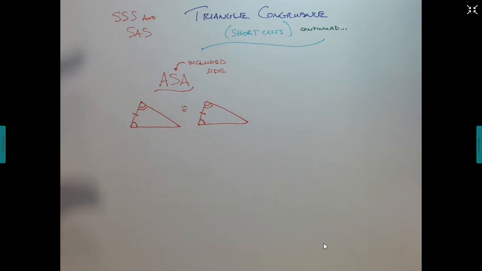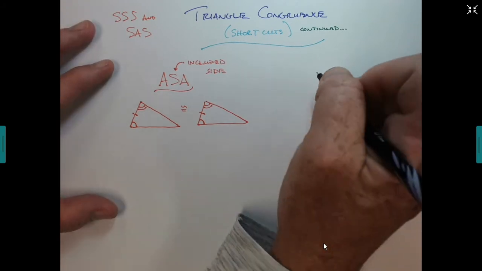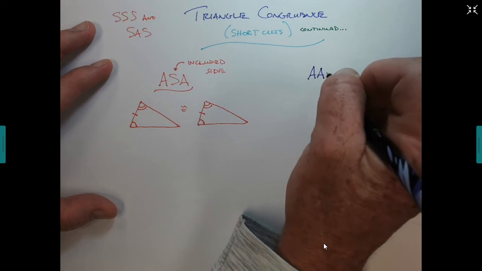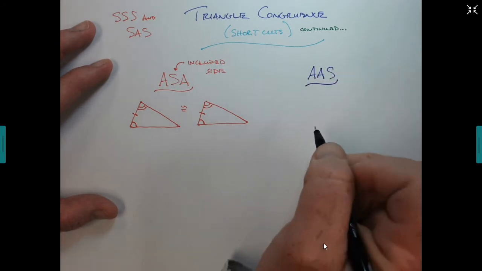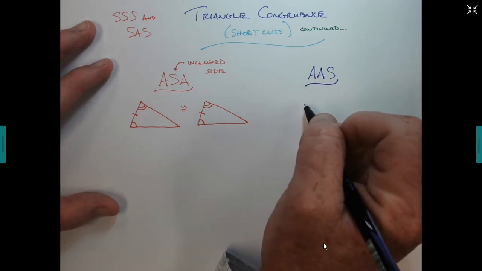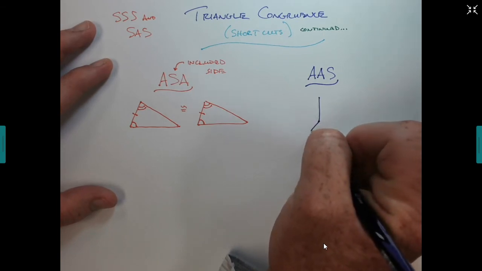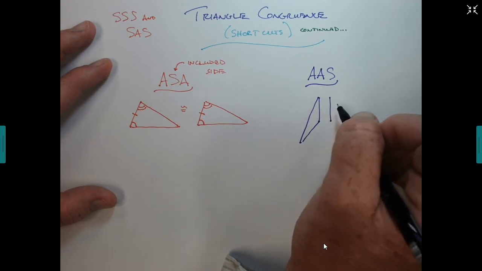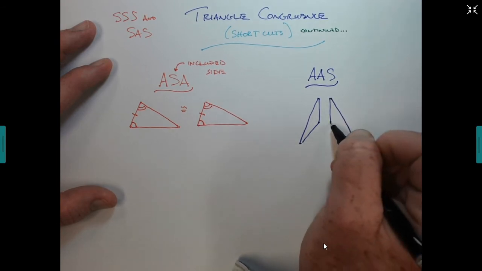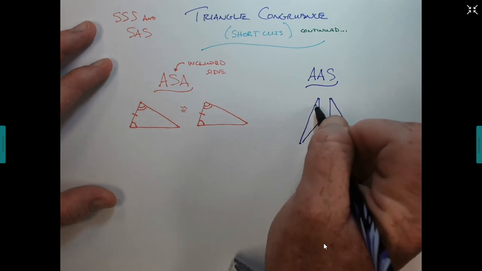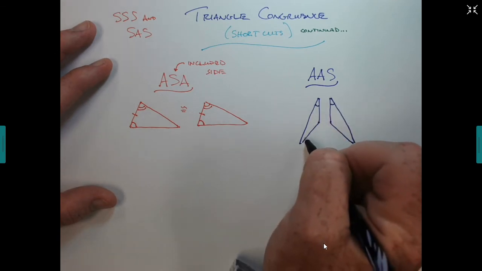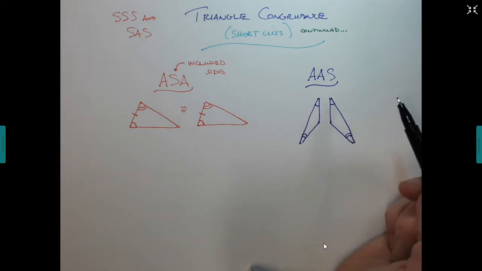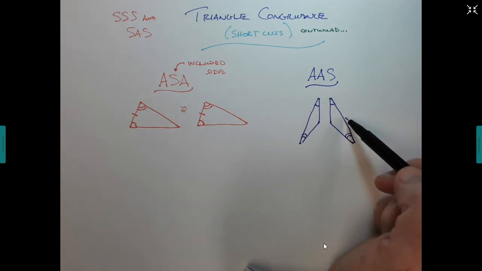All right. The next one, very close, is angle, angle, side. So here, let's come up with 2 triangles. Again, if I knew these 2 angles were the same, and I knew these 2 angles are the same, please understand the included side is right here.